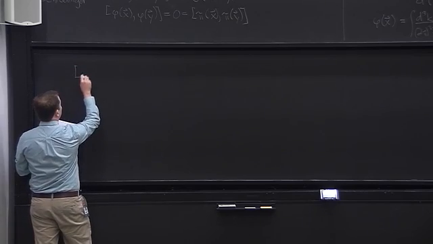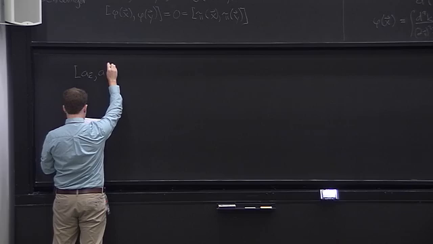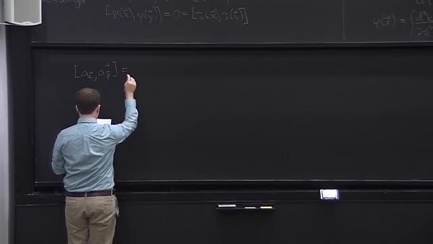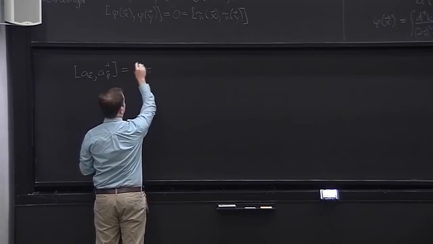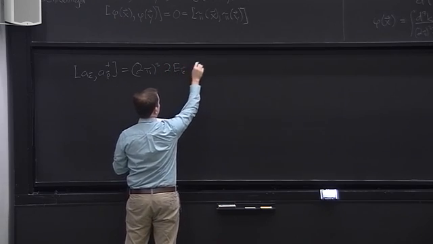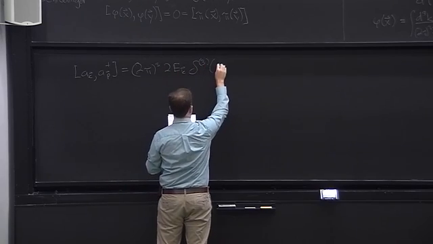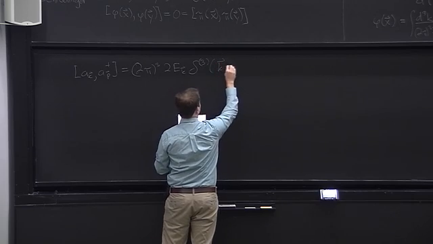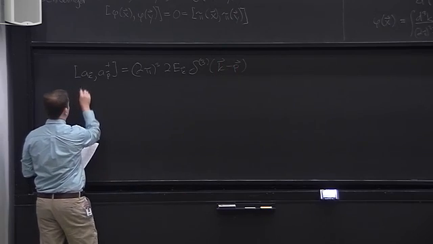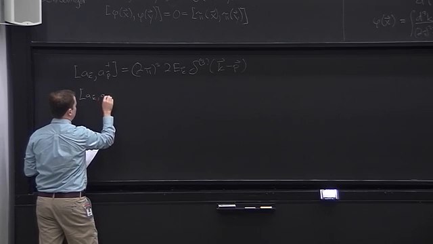What you find is that the commutation relation of a_k with a_p dagger is (2π)^3 2E_k times a three-dimensional delta function of k minus p. And the annihilation operators and creation operators all commute among themselves.